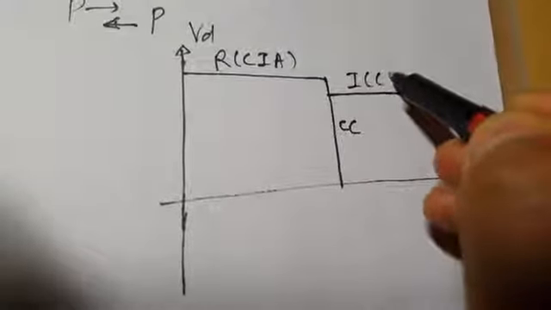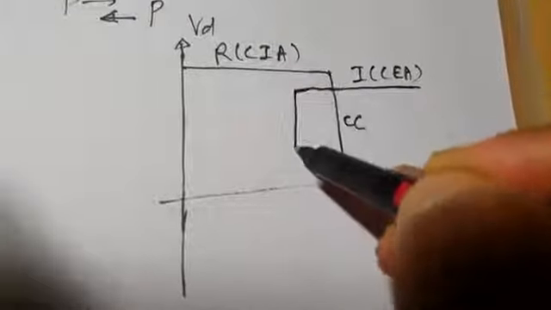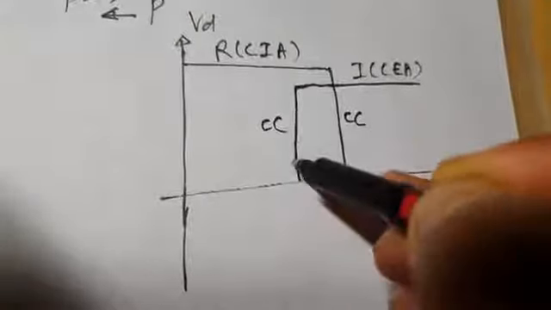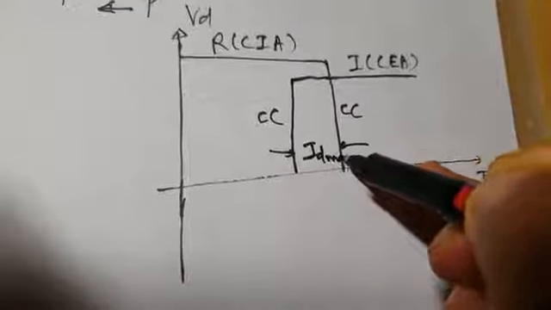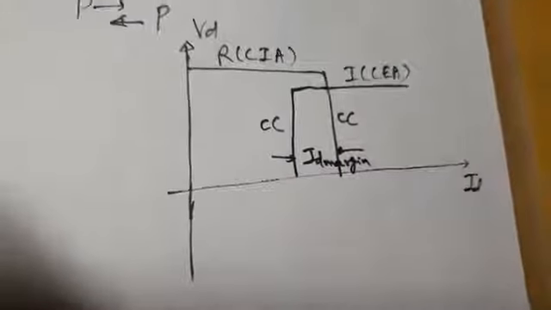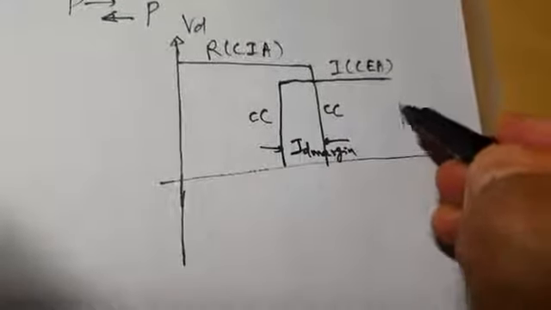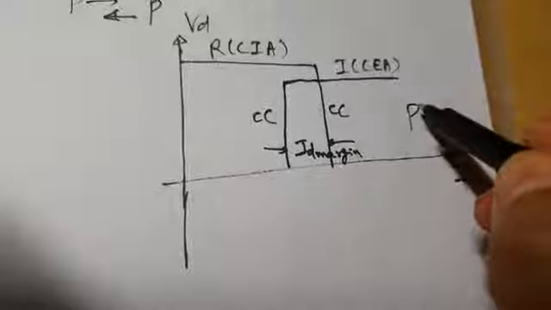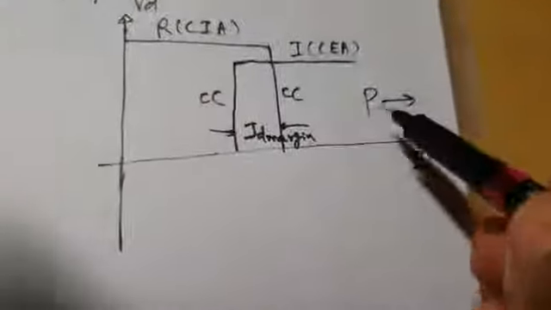The inverter comprises constant extinction angle control, CEA, and also constant current control. And this current difference is called the current margin, I_D margin. So this is the control characteristic for positive flow of power, P. That means P flows from this converting station to this converting station. That's what I am showing.